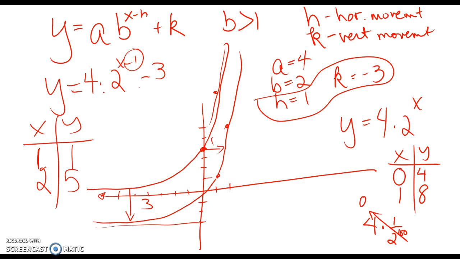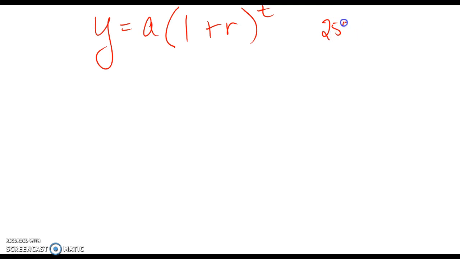Now, you'll also be exposed to an equation that looks like this, where a real life quantity increases by some percentage each year. So let's say we have a problem where there were 2,573 computer viruses in 1996.